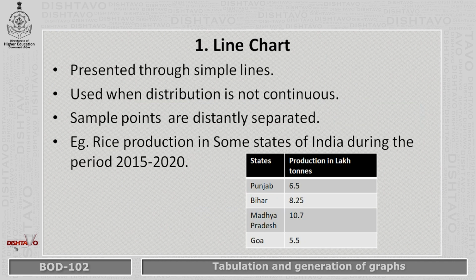Line chart. It is presented through simple lines and it is used when distribution is not continuous. The sample points here are distantly separated. Let's take an example of rice production in some states of India during the period 2015 to 2020. Here, as you can see in the table, we have 4 states, that is Punjab, Bihar, Madhya Pradesh and Goa, and the production of rice is given in lakh tons.